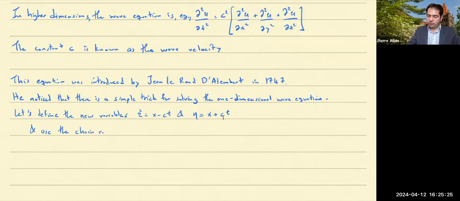And then we'll use the chain rule to rewrite the wave equation in terms of these variables.